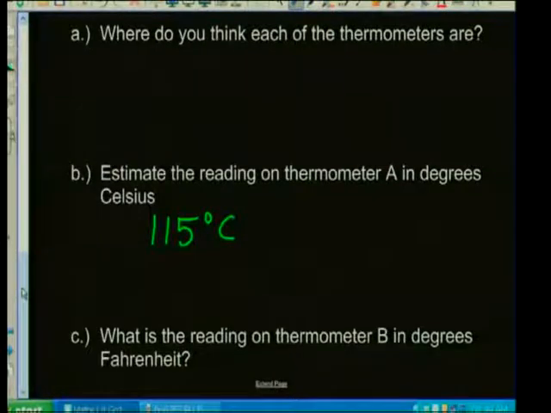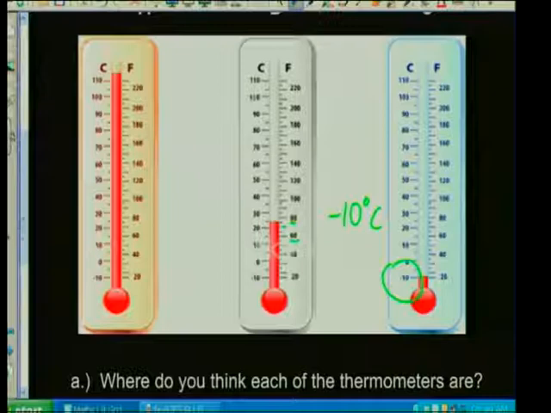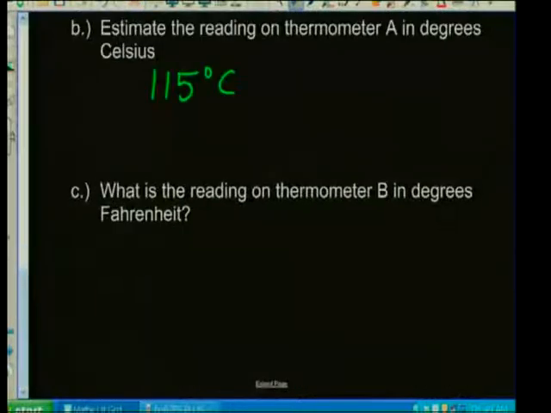And finally, what is the reading on thermometer B in degrees Fahrenheit? B in Fahrenheit will be between 60 and 70, and it's going up in 5s, we've got 4 lines in between, so it is 75 degrees Fahrenheit.